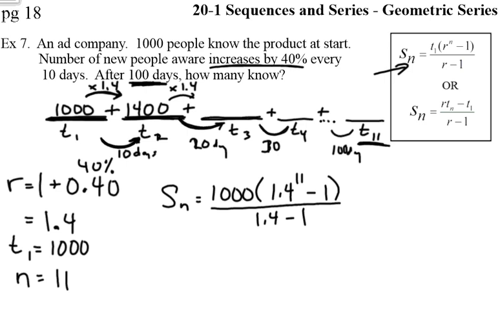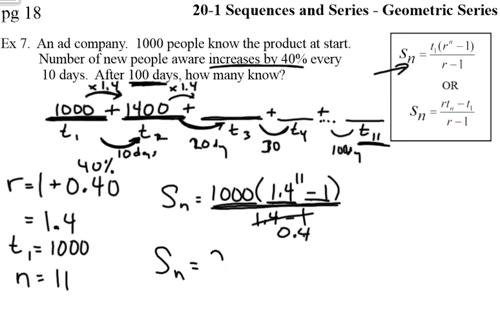Now, again, I need to plug this into my calculator carefully. Denominator, 1.4 minus 1 is going to be 0.4. Now I can substitute in my calculator. Do my exponent, subtract 1, times 1,000, divide by 4/10.